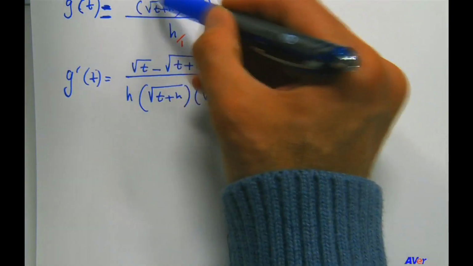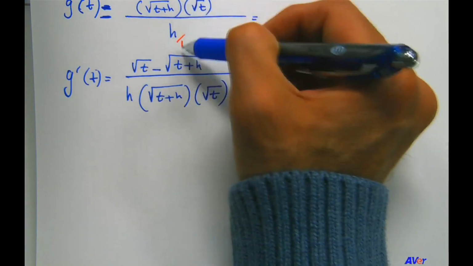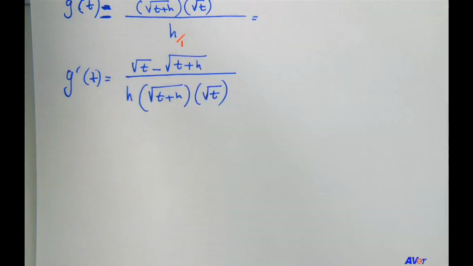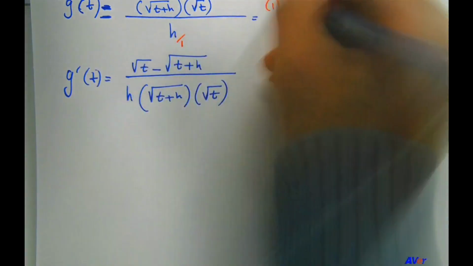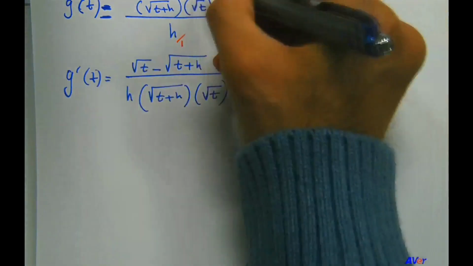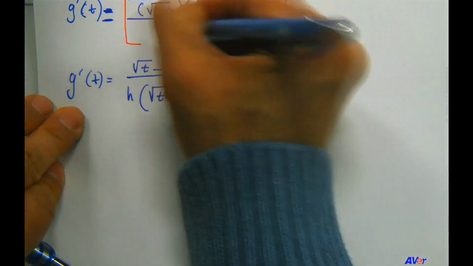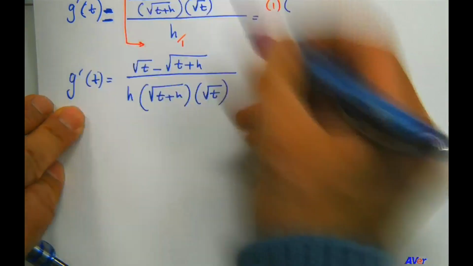This would be square root of t minus square root of t plus h, times 1, and put that in the numerator. So that 1 times this. These are the farthest terms from each other, right? From here to here.